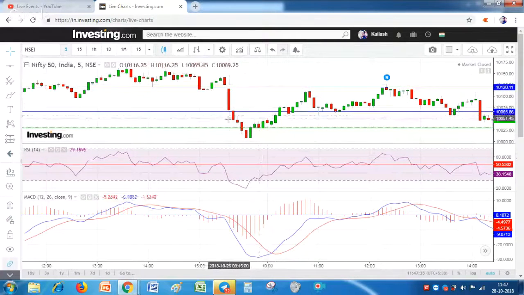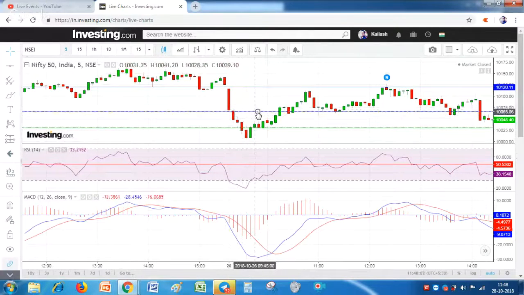Okay. So see, once it has gone below 10,000, what was the entry level? Our short entry is somewhere 10,066 or so. It has made a dip till 10,005. Means it has given us approximately 60 points.